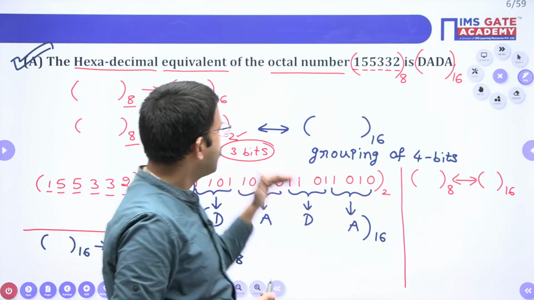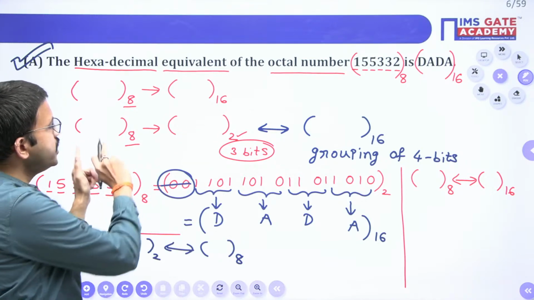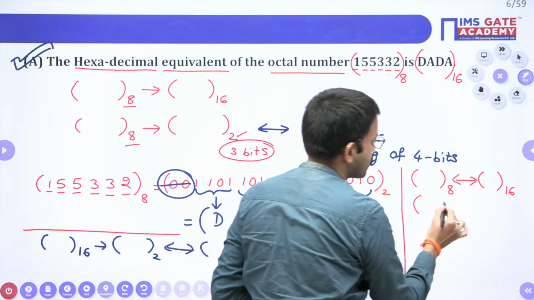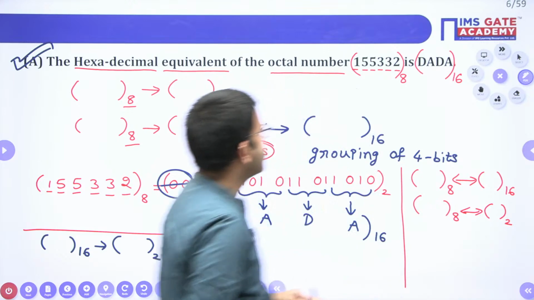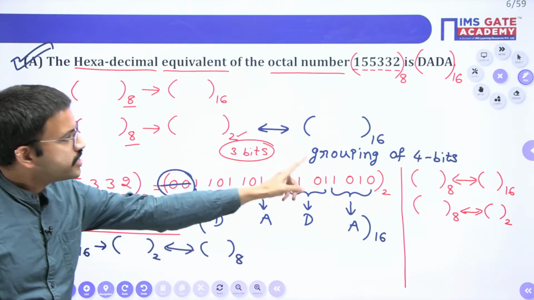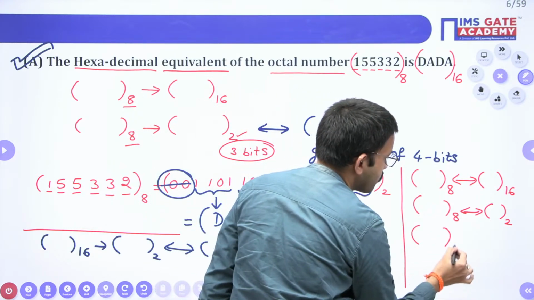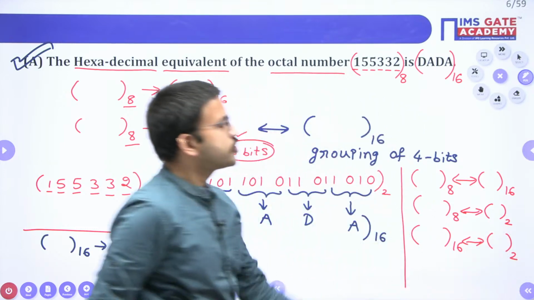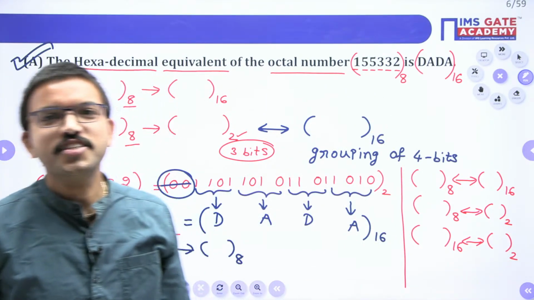But while doing this conversion, what have you learned? You have learned octal to binary and binary to octal also, right? And in the same way, binary to hexadecimal and hexadecimal to binary, right? So in total 6 conversions you have learned.